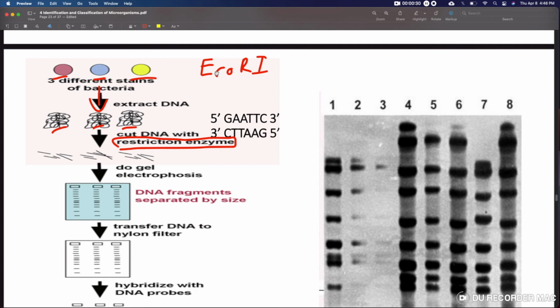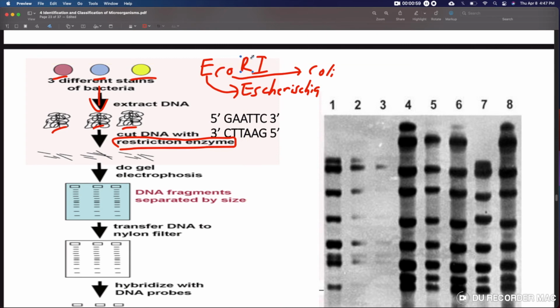So, a brief background on EcoRI. The E in EcoRI is Escherichia, from the E. coli. The co is coli because E. coli.